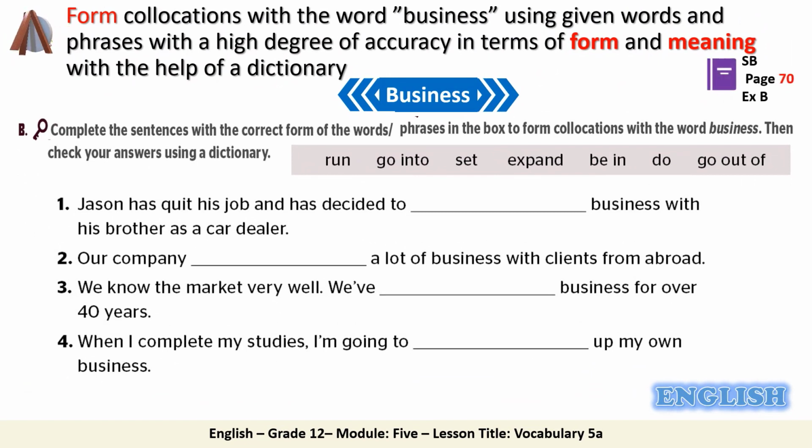Now we do activity B in your student's book, page 70. Your task is to use the correct form of the collocations with the word business, which we have seen in the previous slide, to complete the sentences 1 to 7. For presentational reasons, the activity has been split into 2 slides, but for you, please do the whole activity.